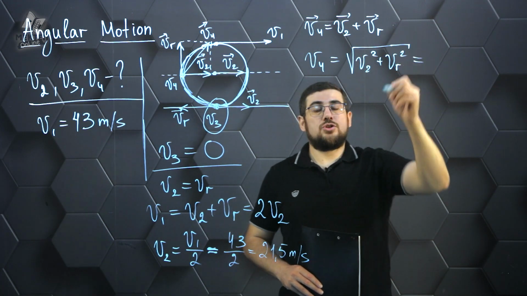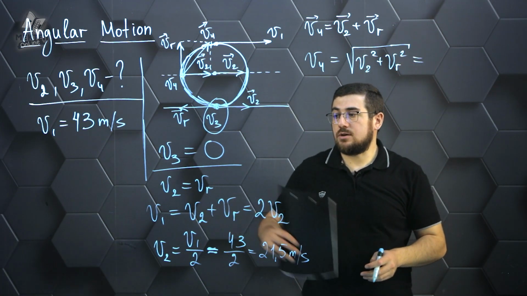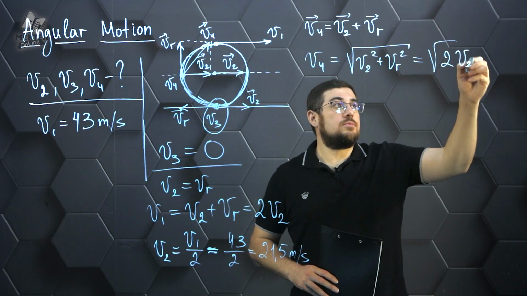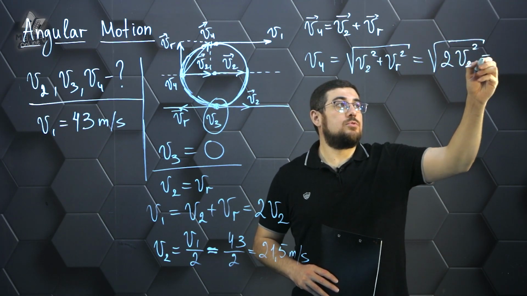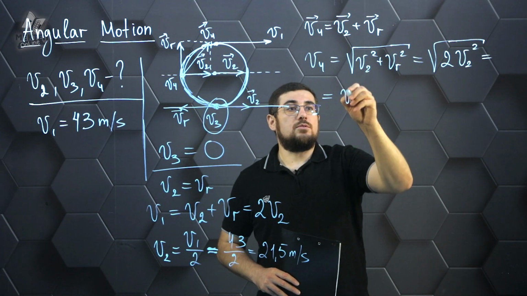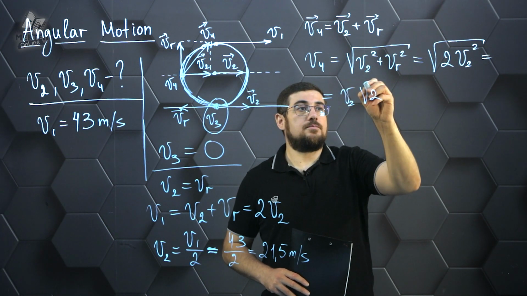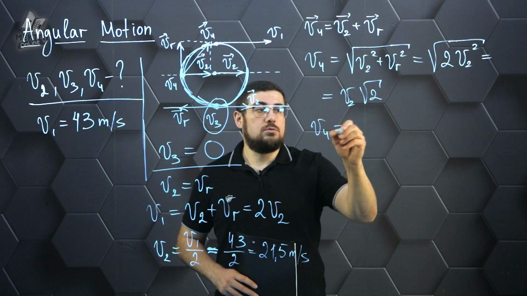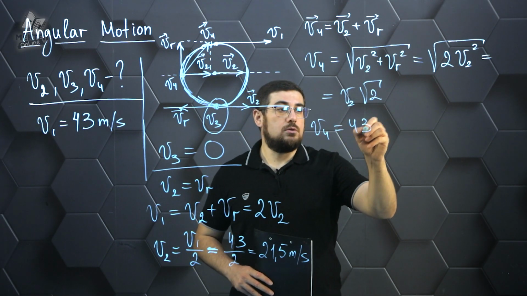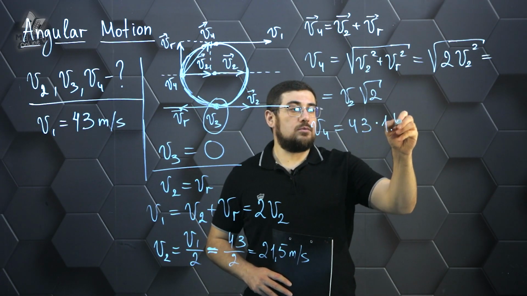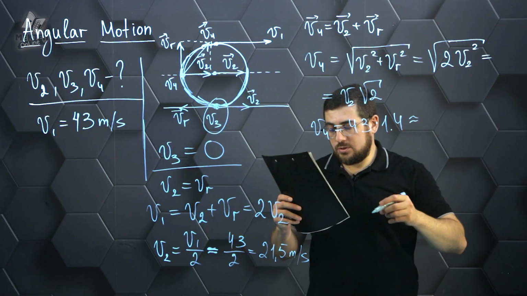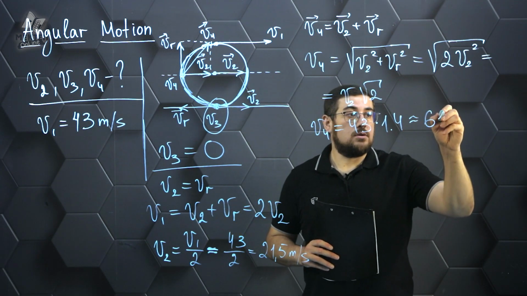Or considering that the rotational speed is also equal to v2, we get the square root of 2v2 squared, or v2 times the square root of 2. After the calculation, let's input the value. We get 43 with you. To multiply, we will approximate the square root of 2 as 1.4, and we approximately get a speed value of 61 meters per second.